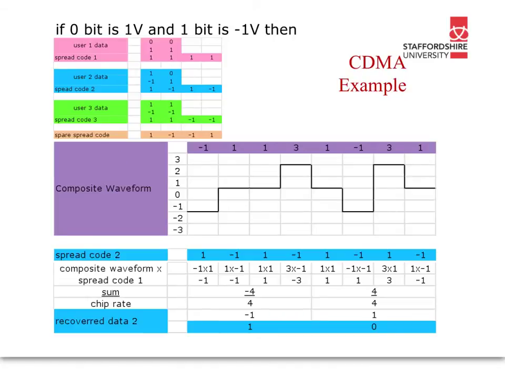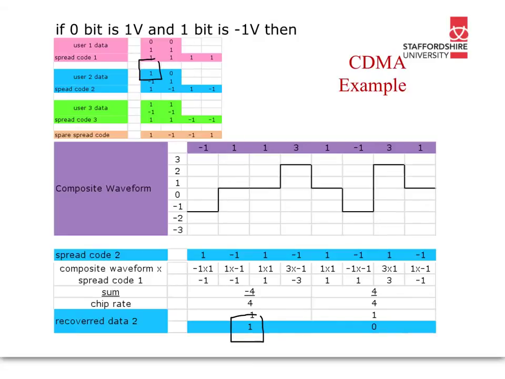So then we have minus 1, which is minus 2, plus 1, which is minus 1, minus 3 gives us minus 4. Minus 4 over the spreading gain, 4, is minus 1. Minus 1 represents a bit 1, so the transmitted data is 1, and it was in fact 1.